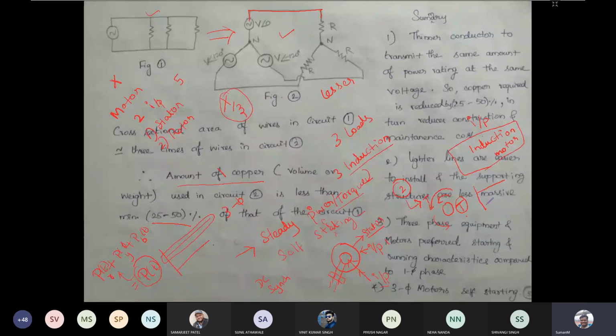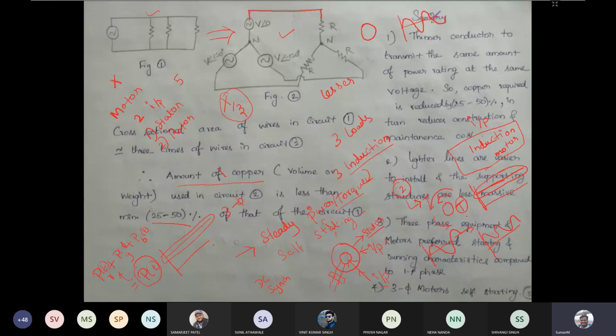The point is that because of the three-phase power, you get a steady torque. It makes the rotor rotate in the same direction throughout. If someone gives an oscillating torque, meaning both positive and negative, then, say this is the rotor, the rotating part, and the torque produced is like this.